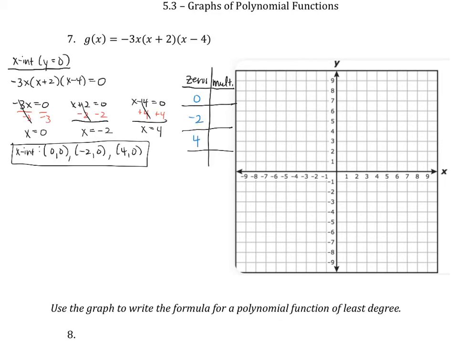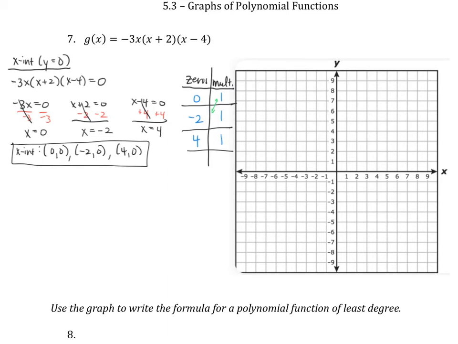And then my multiplicities associated with those, there are no exponents on any of my factors. If I look at my original polynomial, no exponents. So all the multiplicities are just 1. Remember that this means the graph is going to go directly through the x-axis. No bounce, no wiggle, just goes straight through it.